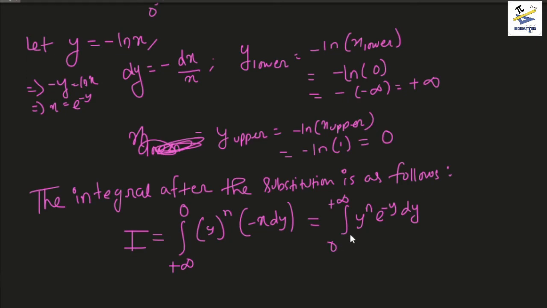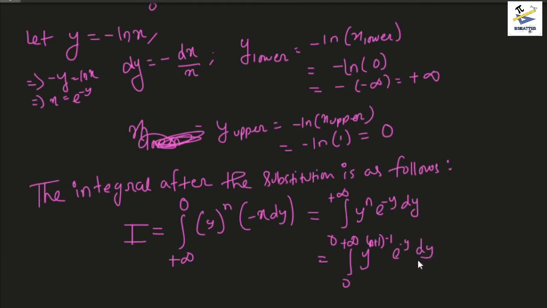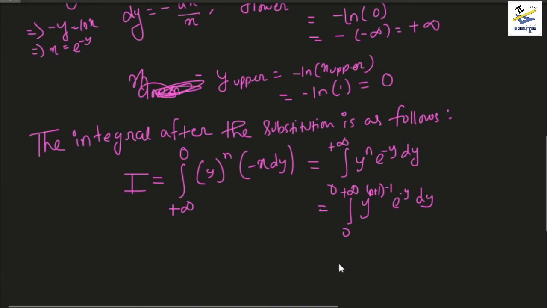This is the gamma function, and to understand what argument of the gamma function it is, we need to write it in this form: y to the power (n plus 1 minus 1) e to the power minus y dy. So this would give you gamma of n plus 1, and since n is a natural number, this should be equal to n factorial.